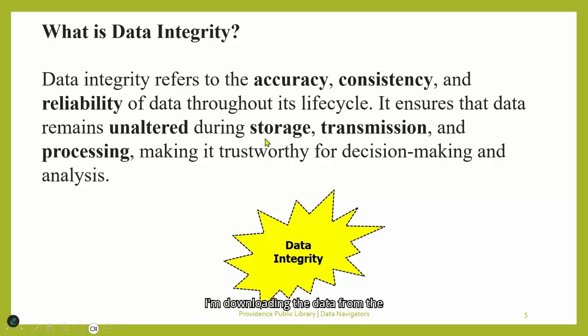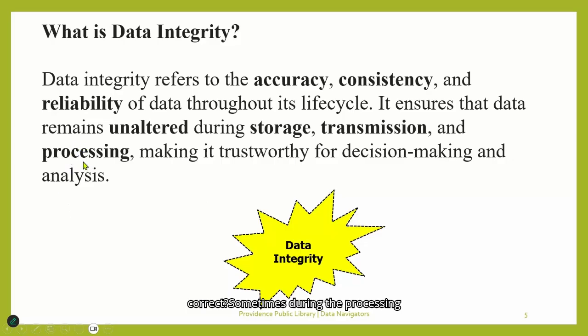Let's say that I'm downloading the data from the internet. Anything might have happened during the download phase, as Vinicius said, the bandwidth, right? If the bandwidth is very poor, sometimes the data will get interrupted. Instead of 10,000 records, we'll have only 8,000 records, and we believe everything is downloaded, and we'll start the analysis and produce the result. That is incorrect, because we have not completely downloaded the data, because of a mistake in data transmission. Correct?